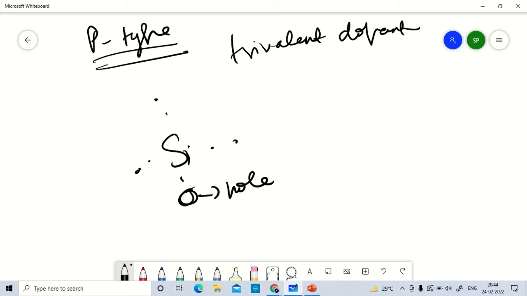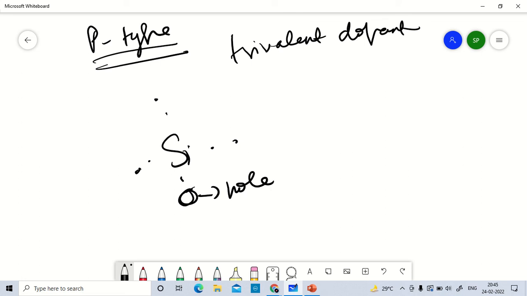Because of this hole, since the neighboring silicon atom in the lattice wants an electron in place of a hole, an electron in the outer orbit of an atom in the neighborhood may jump to fill this vacancy, leaving a vacancy or hole at its own site. Thus the hole is available for conduction.